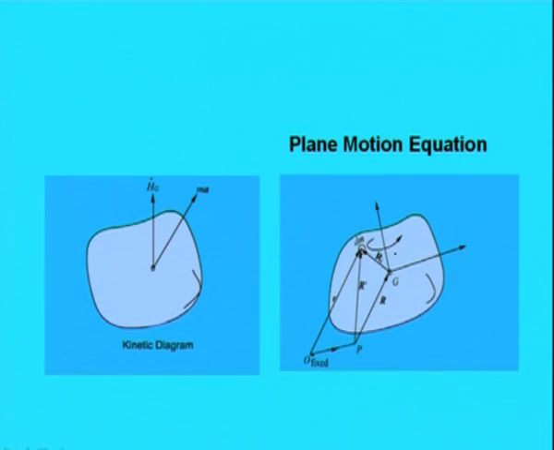The distance from P to G is R, a fixed distance. Then we have a small mass dm at a distance r dash from here, and G to dm is r i. We can attach an axis system at G also, and the body may be undergoing translation as well as rotation.